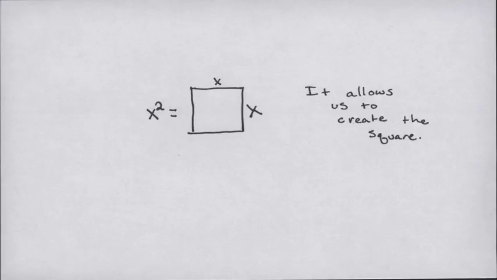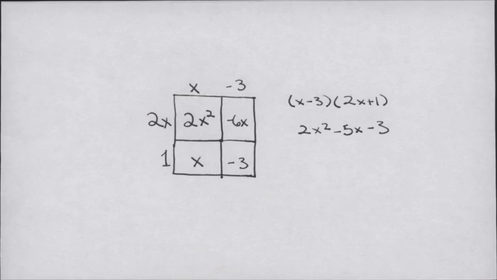What it does is, in algebra, allow us to create the square from geometry, because back in the day all they had was shapes and they couldn't think in abstract terms like x's and y's to represent things.